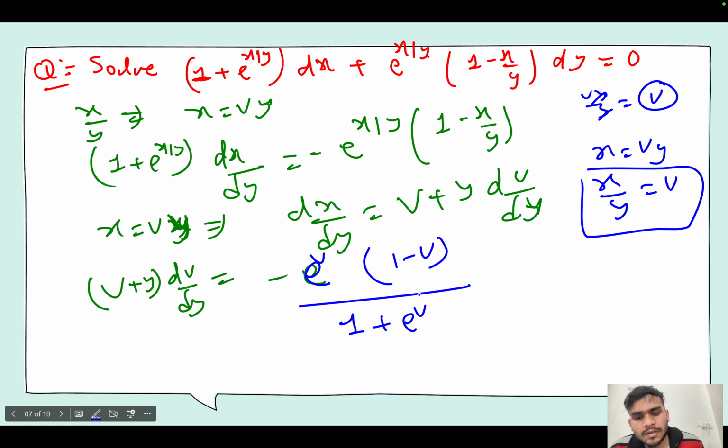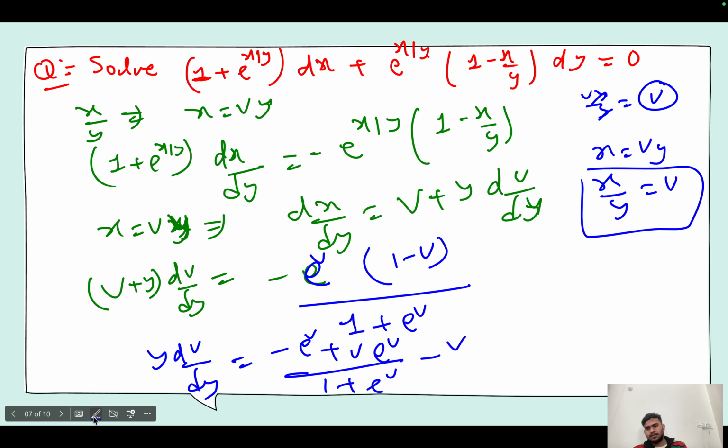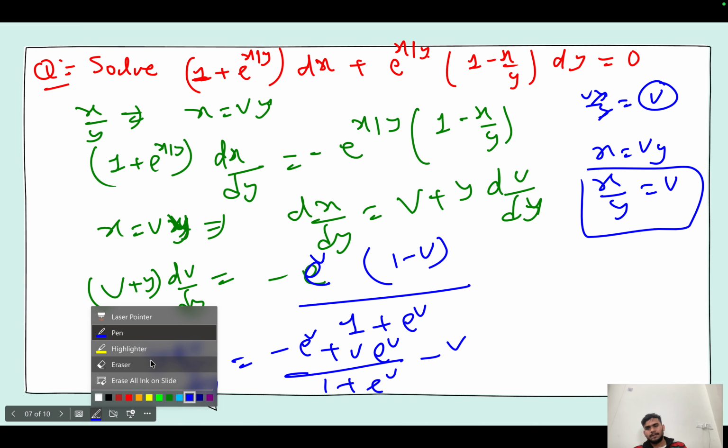Okay, now so y dv by dy is equal to, multiply it, it will become minus e to the power v minus v plus v e to the power v by 1 plus e to the power v. Take v on this side, then it will become minus v. Okay, there is no bracket for it.